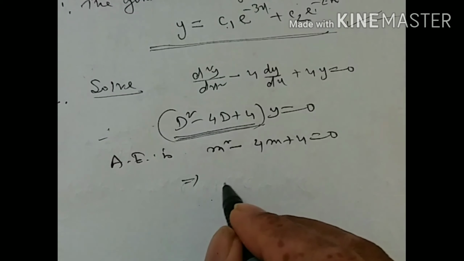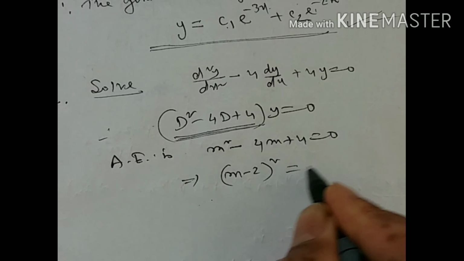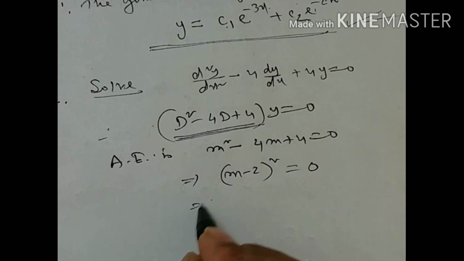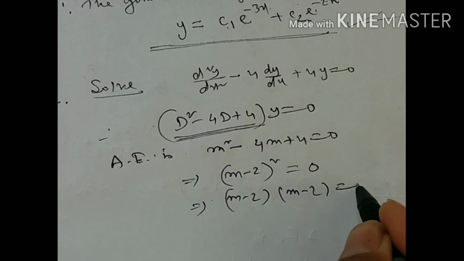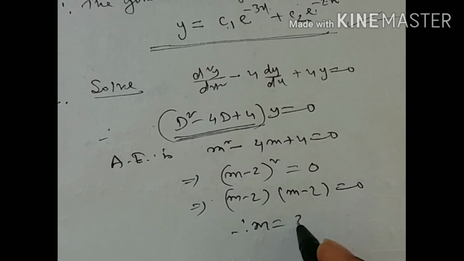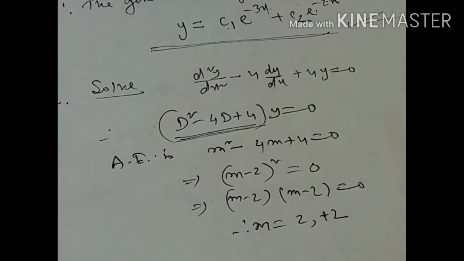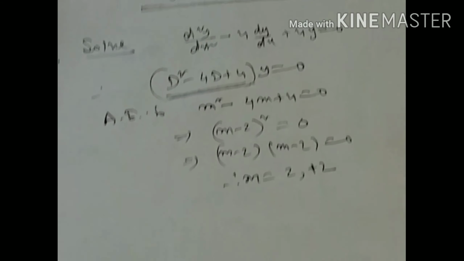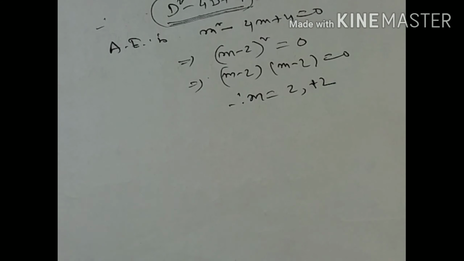This is in the formula a square minus twice ab plus b square equal to 0. So we will get two values and these two roots are same. Therefore m equal to 2, the other one is also 2. So both roots are same, equal. So we will write the solution as we have learned in case 2, when the roots are equal.